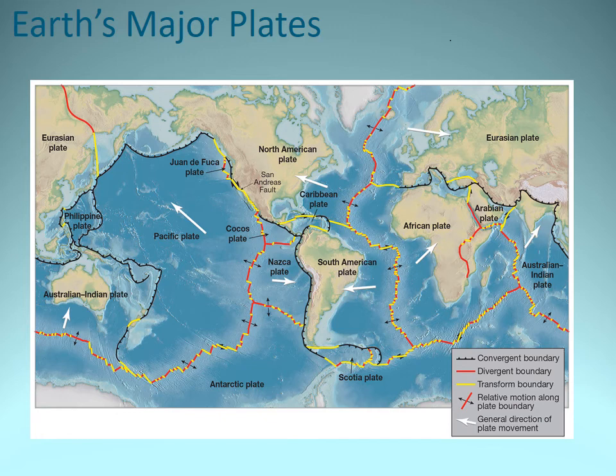And so what we see here, especially along the west coast of South America, is a major convergent boundary. Divergent boundaries are where plates are moving apart. And areas that move parallel to each other, like the San Andreas Fault, we call transform boundaries. We're going to talk more about this in chapter 14, especially in relation to earthquakes and volcanoes.